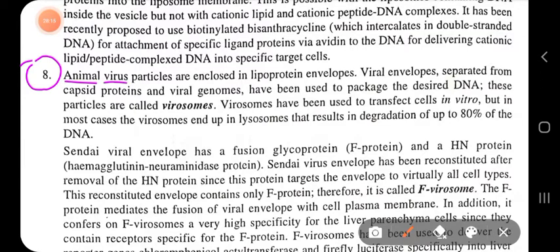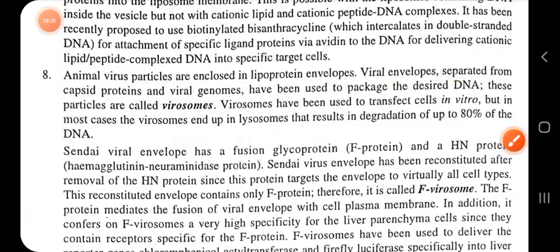Animal virus particles are enclosed in lipoprotein envelopes. Most animal virus particles are enclosed within lipoprotein envelopes. Viral envelopes separated from the capsid proteins and viral genomes have been used to package our desired DNA. These particles are called virosomes.